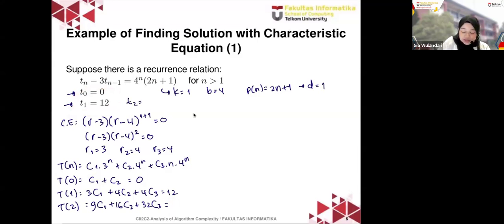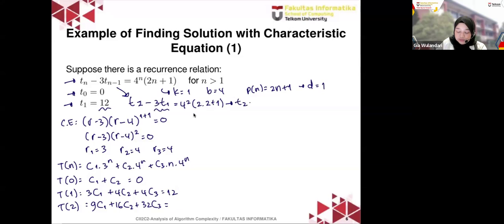We can just find it from the formula we have in the first problem. So in the first problem, we know that if n equals 2, we will have T2 minus 3 T1 equals 4 squared times (2 times 2 plus 1), right? So it means we know what T1 is, which is 12.